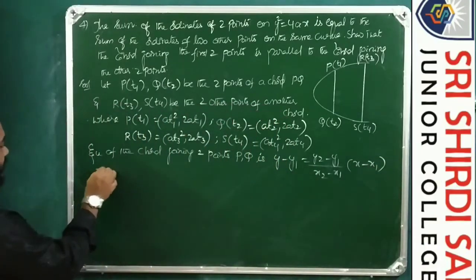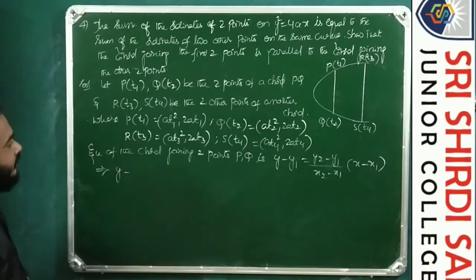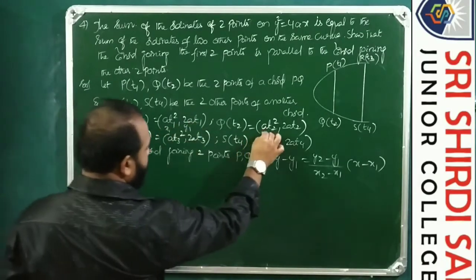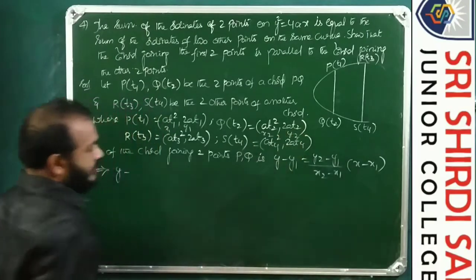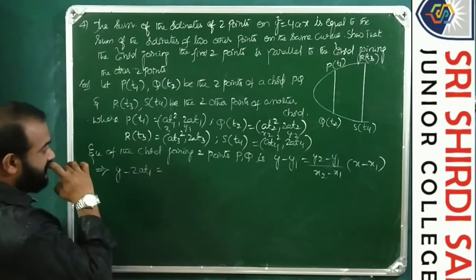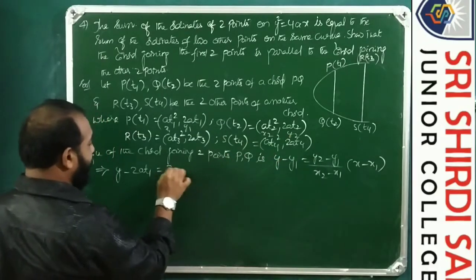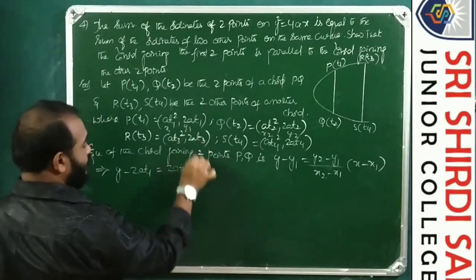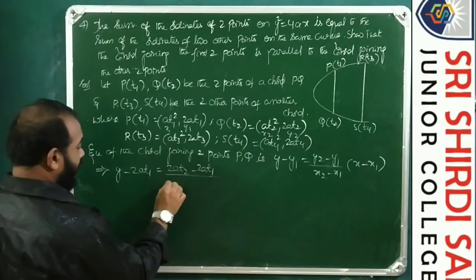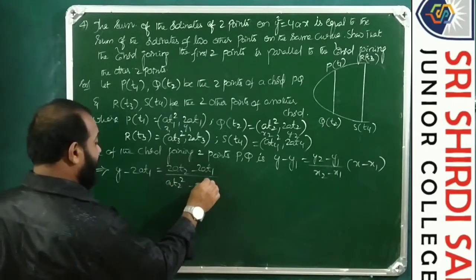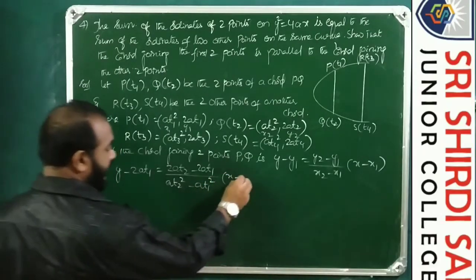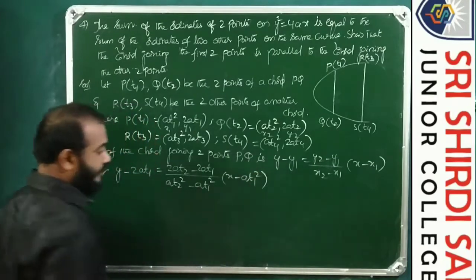This is x1, y1 and this is x2, y2. So y minus 2at1 is equal to 2at2 minus 2at1 by at2 square minus at1 square into x minus x1, x minus at1 square.